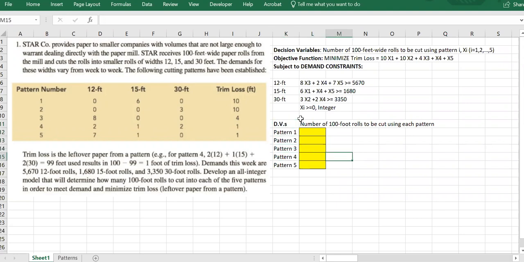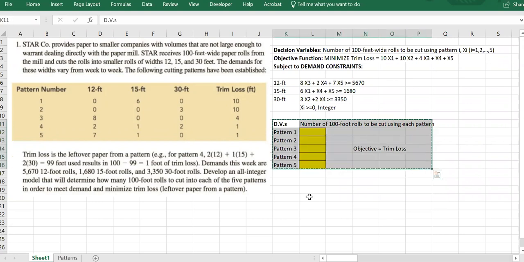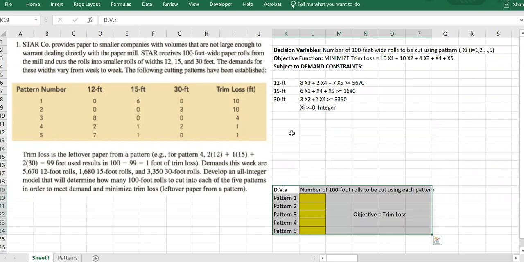That's the decision variables, and then the objective function, the trim loss. Let's just first write down the set of the parameters, and then we're going to use those.